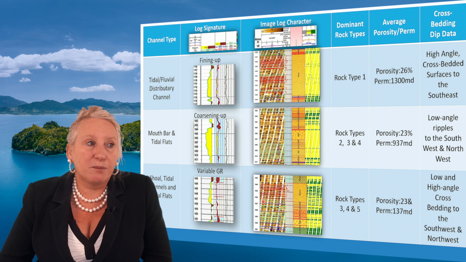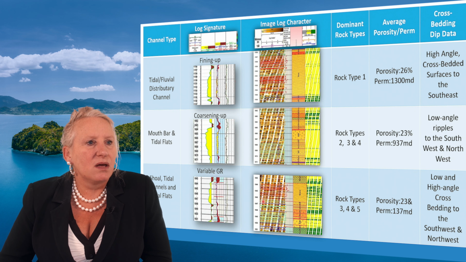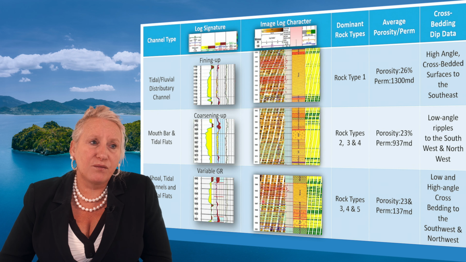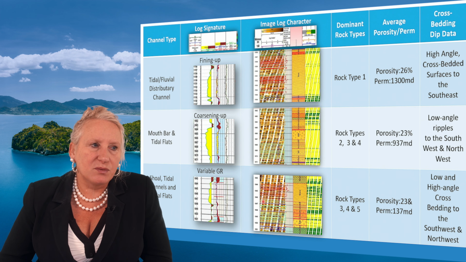And then the marginal play is the shoal, tidal channels, and tidal flats, unidentifiable from traditional logs, which can make up 60% of the reservoir. So you can imagine there's probably 60% bypass pay.